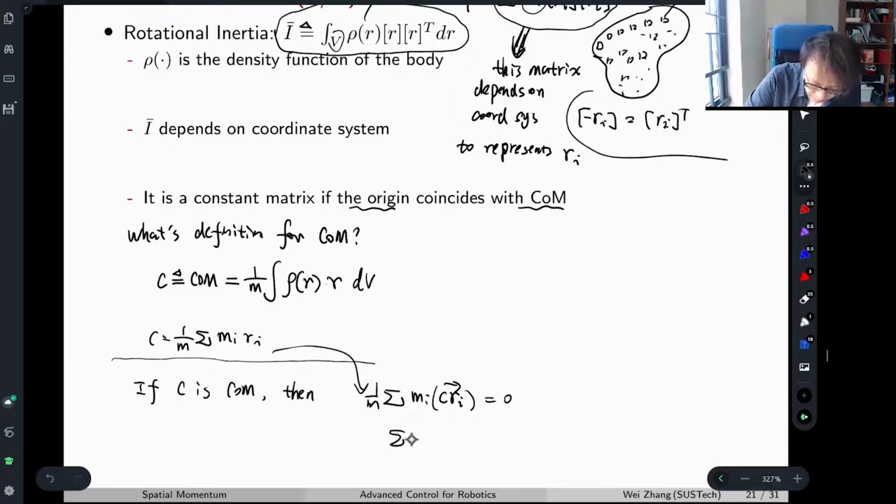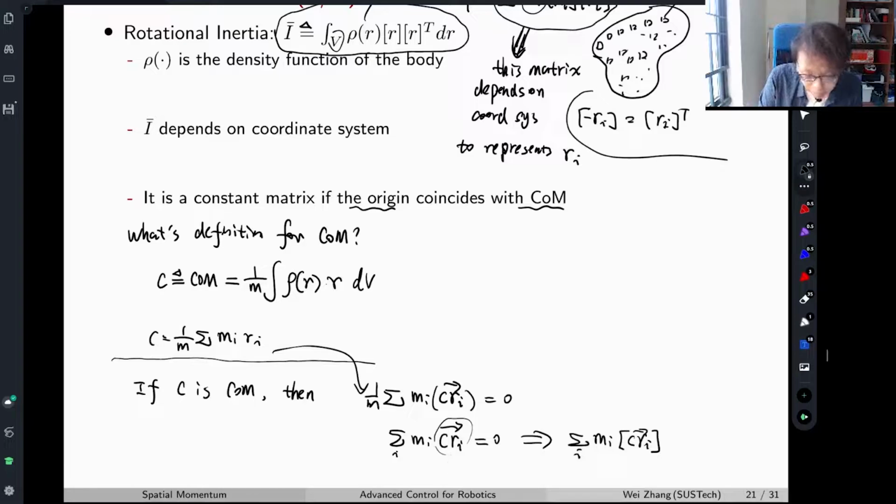In general, that means the summation over i of m_i R_i, let's just say C R_i, that's a vector, equals 0. One consequence of this that is often useful is that the summation of m_i times the skew symmetric matrix of this vector sums to 0. This can be easily proved.